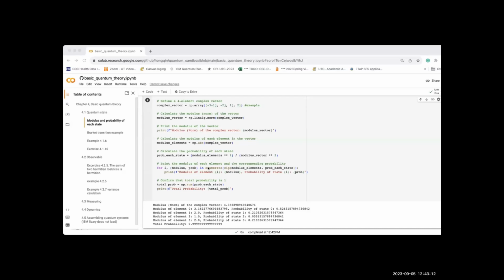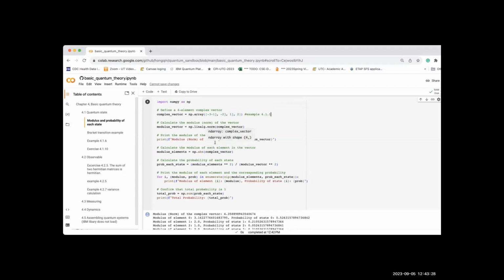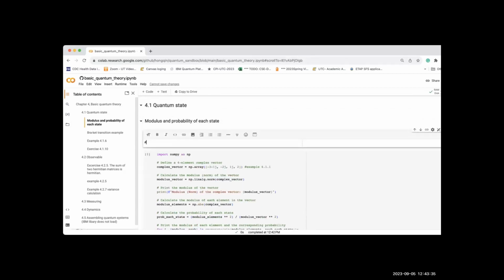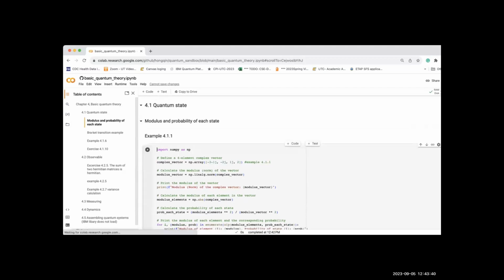If the complex numbers were all equivalent, would you expect an even distribution? You should, yeah. You can try that. So this is the book example, maybe I should add it as example 4.1.1.